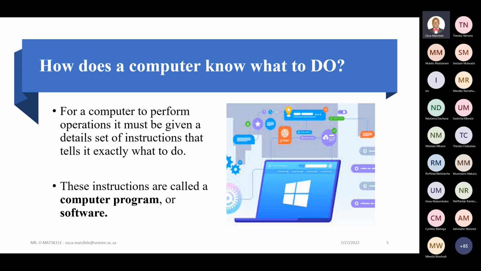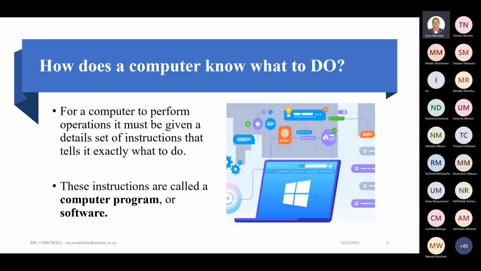So if you are given the question, how does a computer know what to do, you have to say that for a computer to perform any kind of operation, it must be given a detailed set of instructions that will tell it exactly what to do. This instruction, we call it software.